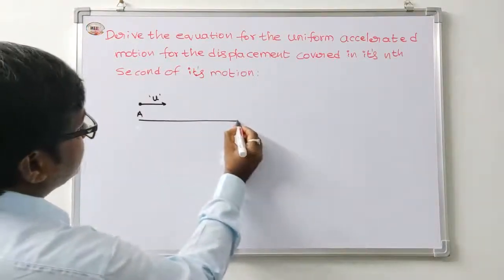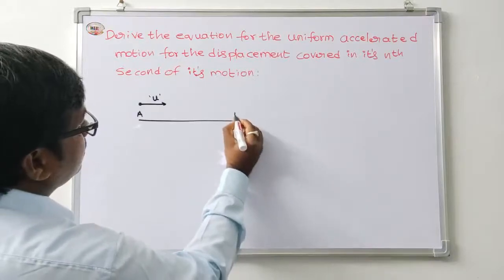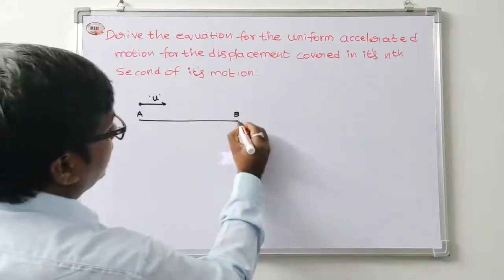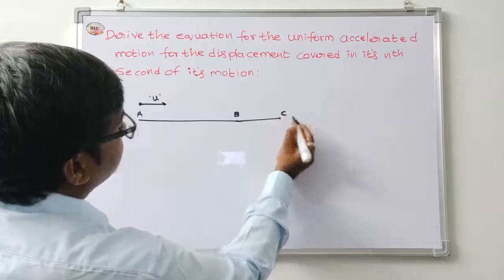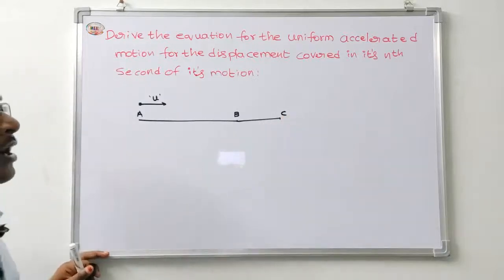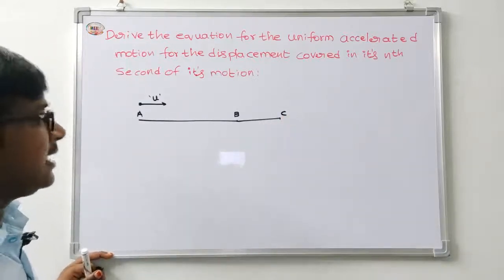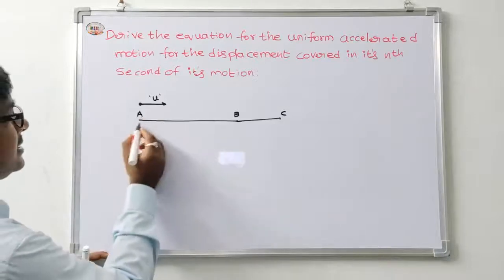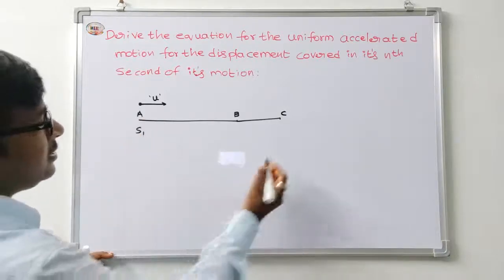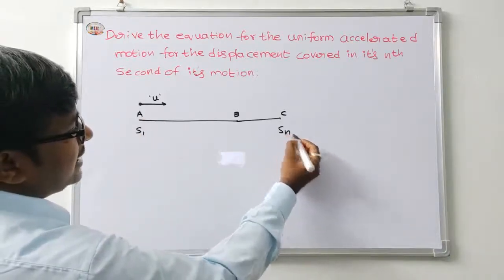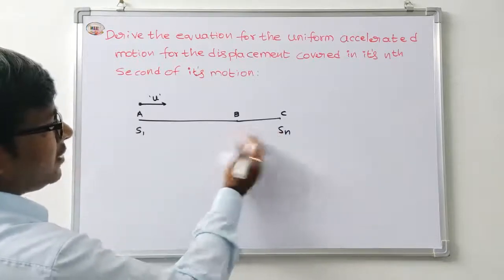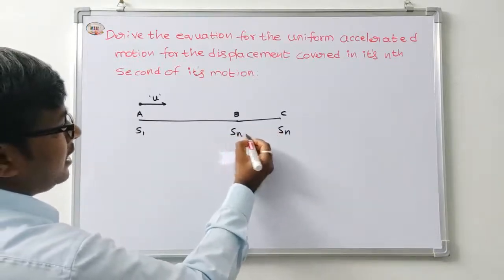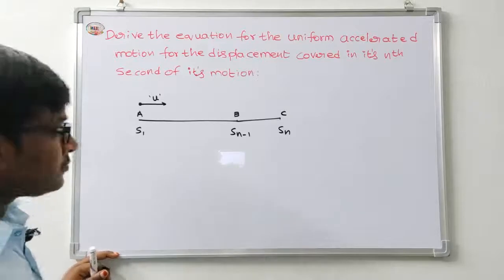The particle goes from A to B and B to C. The starting point is A and the ending point is C. Here the first distance is S1, this is Sn, and before Sn is Sn minus 1.